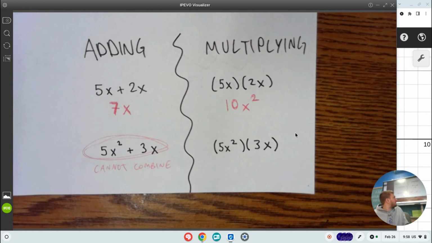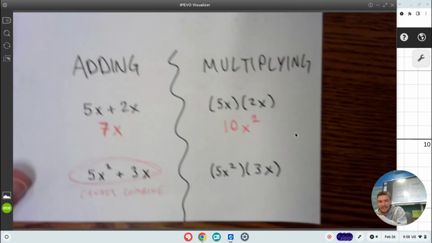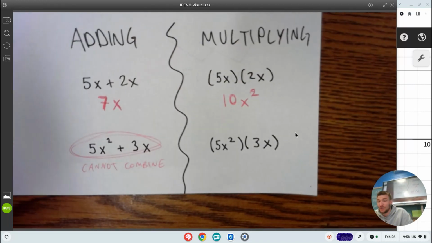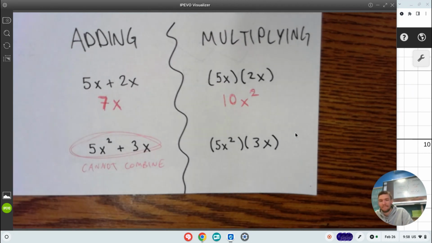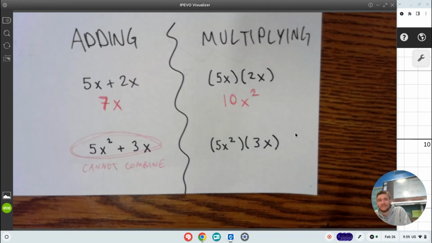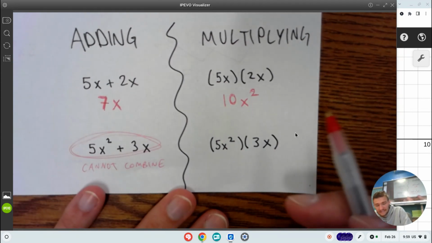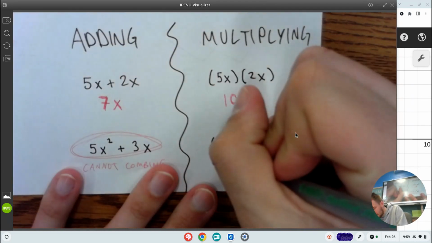When it comes to multiplying, the reality is that you can multiply anything together, okay? Adding, very picky. Multiplying, not picky at all. You can always multiply terms together. So when we multiply these, we are allowed to say that 5 times 3 makes 15.